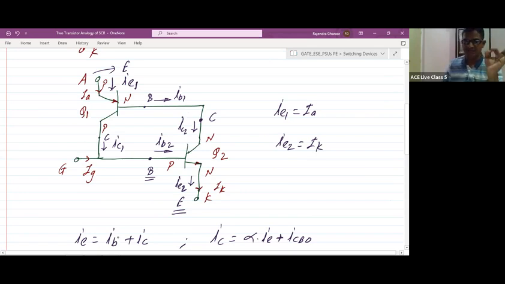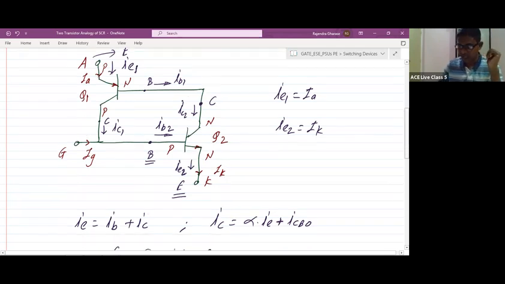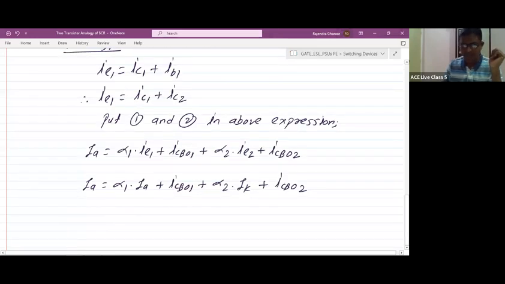Please listen carefully. Yes, we can write IK is equal to IA plus IG. Replace IK with IA plus IG. So we can write alpha 1 into IA plus ICBO1 plus alpha 2 into IA plus IG plus ICBO2.